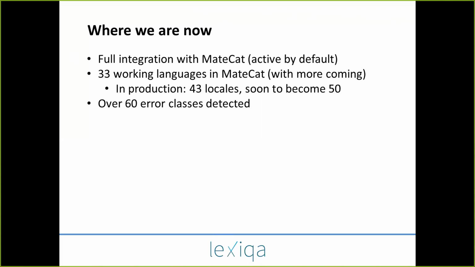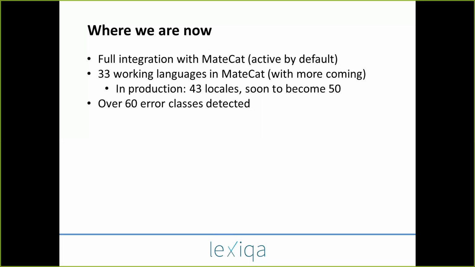In our collaboration with MakeCat, we are fully integrated, which means that by default, if you start a project in MakeCat with any two languages that we happen to support, then you are going to get lexiQA's checks. At the moment, we have 33 working languages in MakeCat, and we're working on a new batch that should be coming in the next week or two.